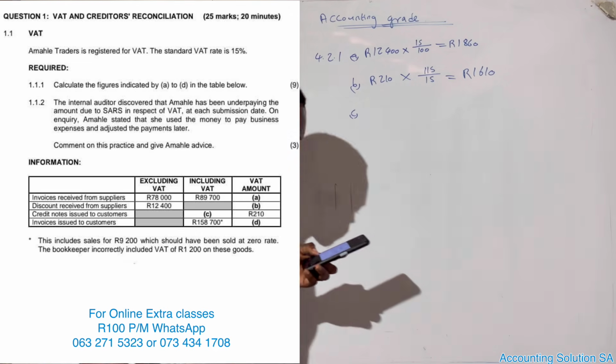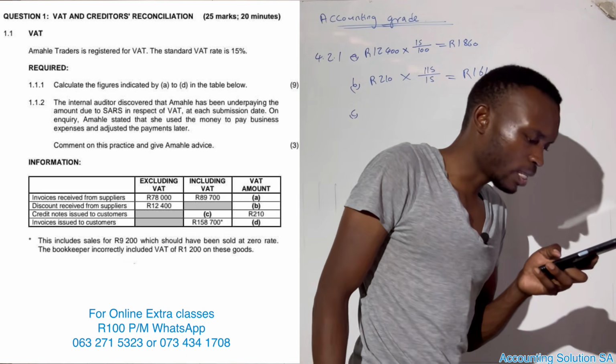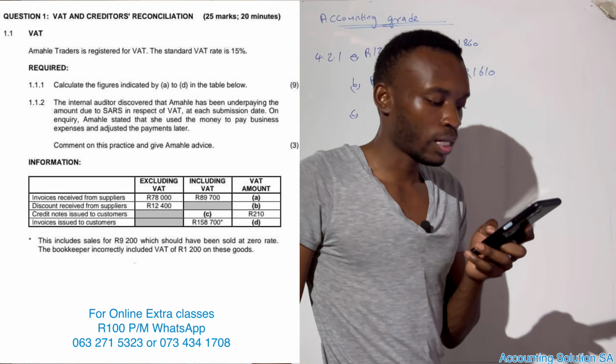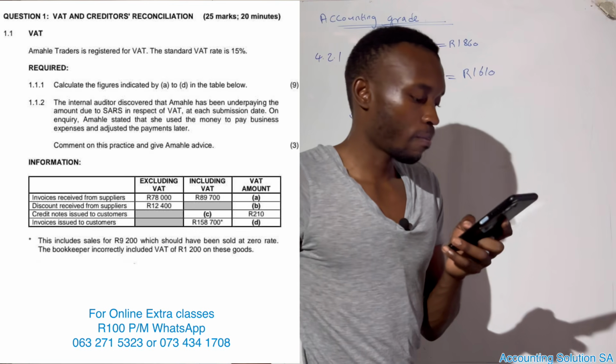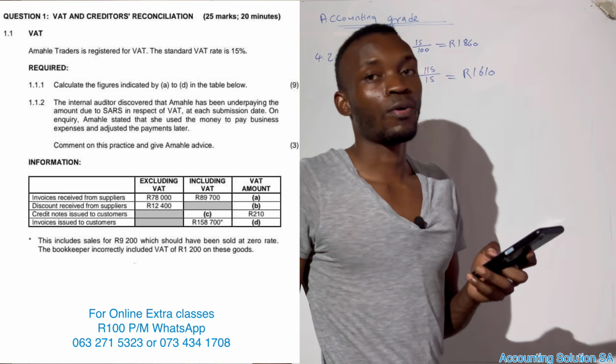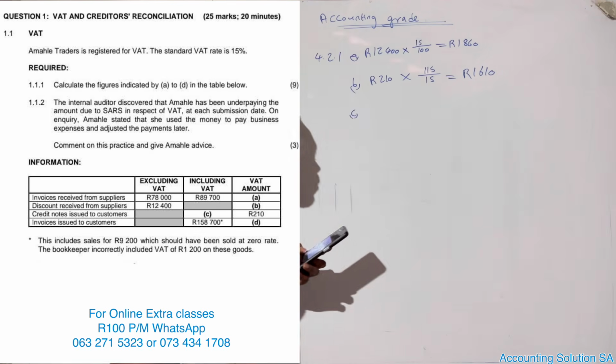The next question is number C. However, for number C, we have to read the transaction. This includes the sales of 9,200, which has been sold at zero rated, and the bookkeeper mistakenly included VAT of 1,200. Which means that we must first remove this amount, guys, when we calculate this one.